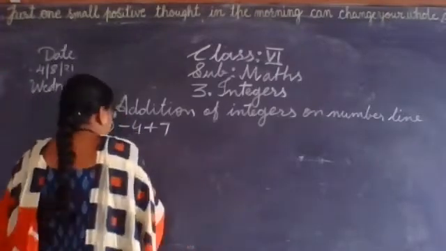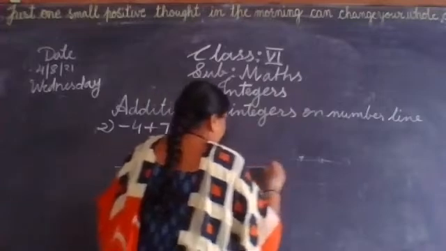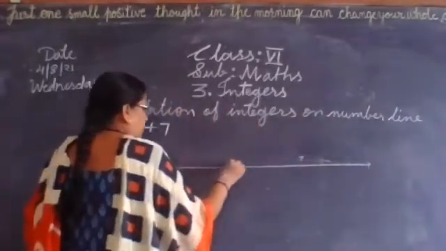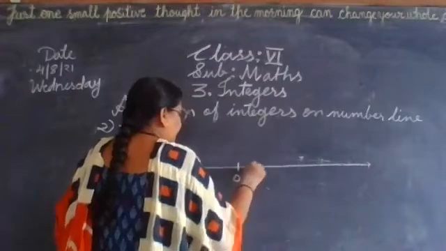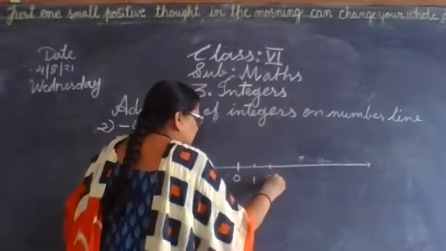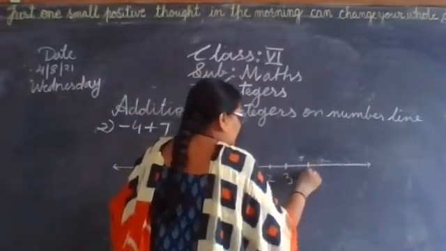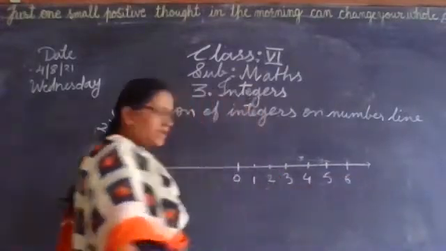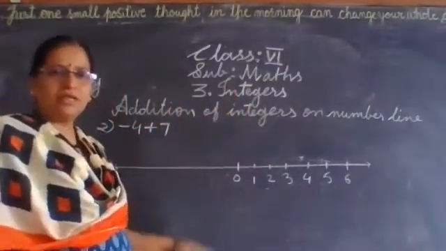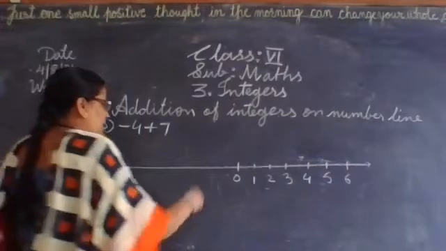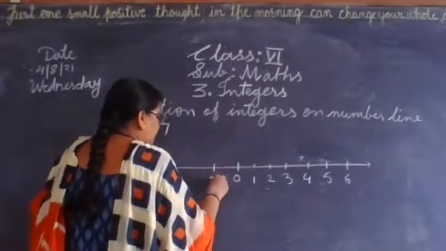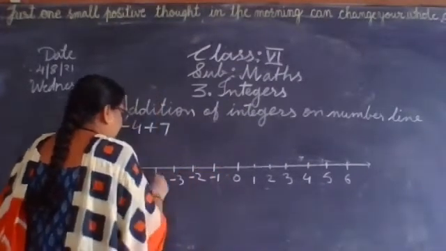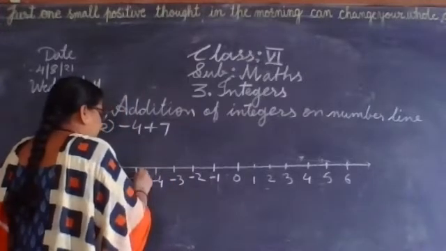So again draw the number line. 0, 1, 2, 3, 4, 5 and 6. Okay, you can draw a vertical number line also. -1, -2, -3, -4, -5.